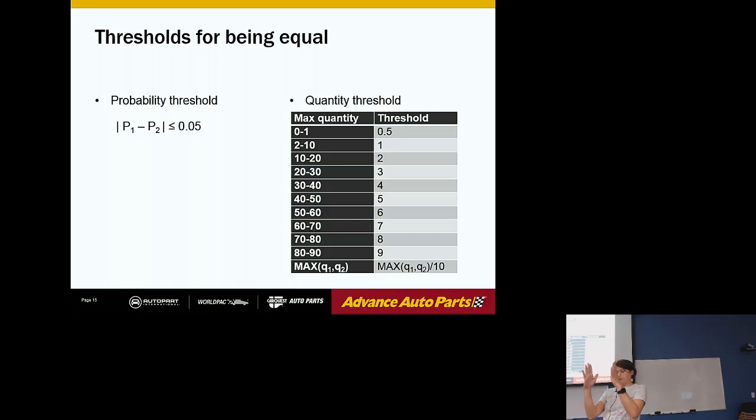If the difference is bigger than 0.5, then they're different. If it is smaller, they're the same. For the high end, we basically did a 10% error, and just rounded it a little. That was just our decision, based mostly on the experience of people who deal with assortments.